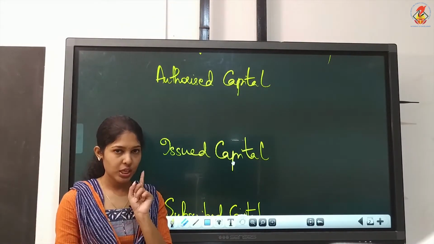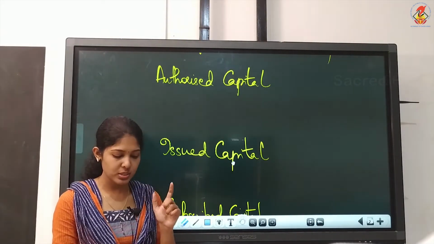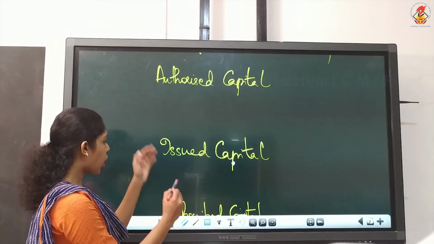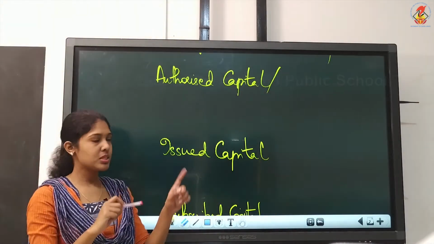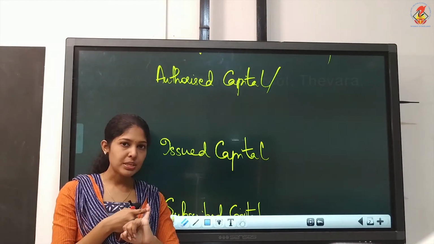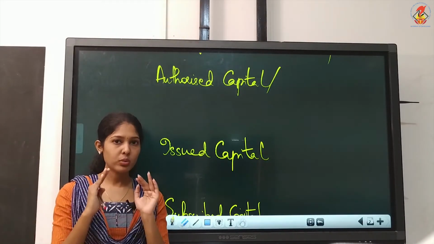Here in that illustration 1, the maximum they can issue is 10 lakhs. Did you see? Registered with capital of rupees 10 lakhs. Authorized capital is also known as registered capital or nominal capital. The meaning is the maximum amount that can be raised.